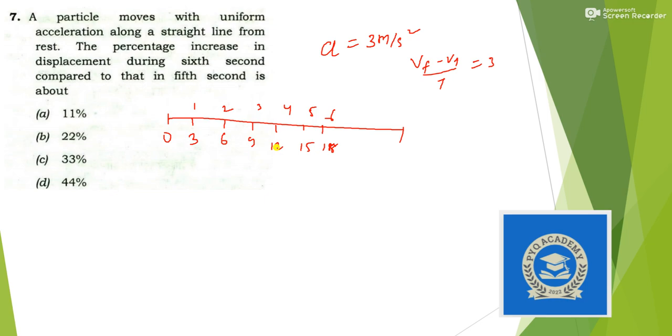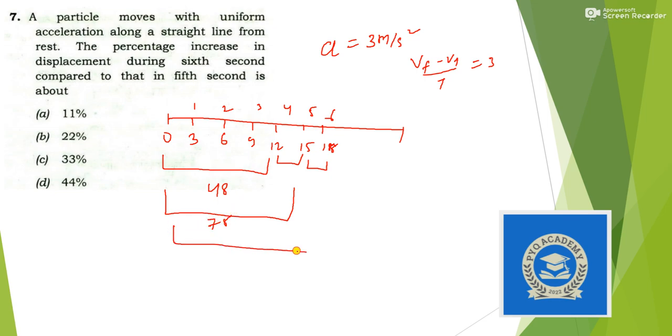Okay, so now the question is asking about the displacement during 6th second compared to 5th second. So displacement during 5th second and displacement during 6th second. So up to 4 seconds it traveled a distance of 48, and up to 5 seconds it traveled a distance of 75, and up to 6 seconds it travels a distance of 18 into 6, 108.